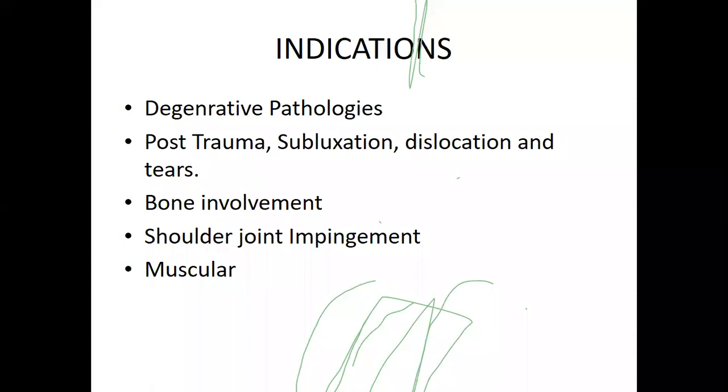Then the post-trauma category, which may involve subluxation and dislocation, and the tears involving the soft tissue around it.